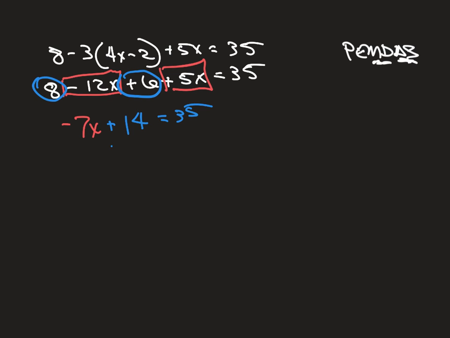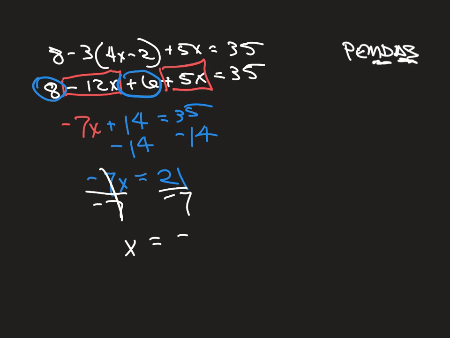Now I'm going to subtract 14 from both sides, and I get negative 7x equals 21. Let's go back to white. Divide by negative 7, divide by negative 7. Those go away, and I have x equals 21 over negative 7, or negative 3 for an answer.